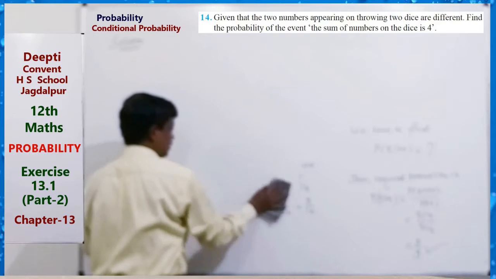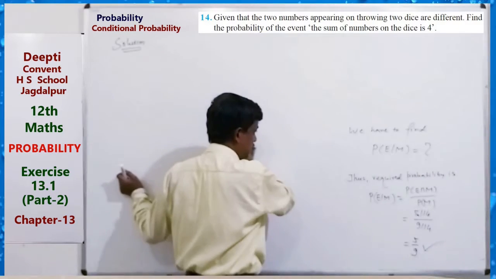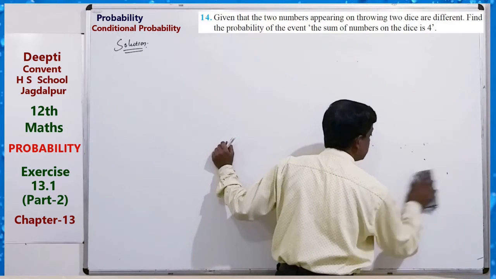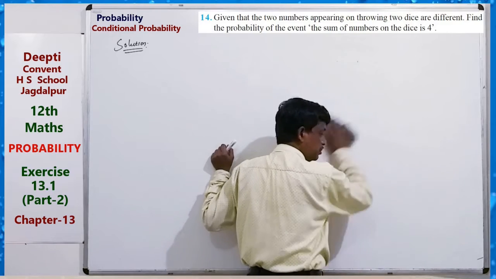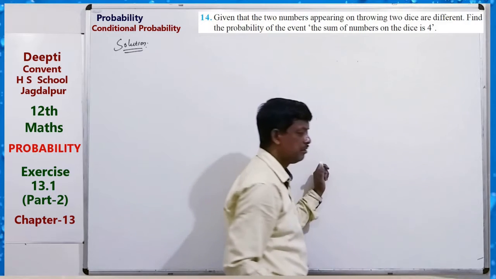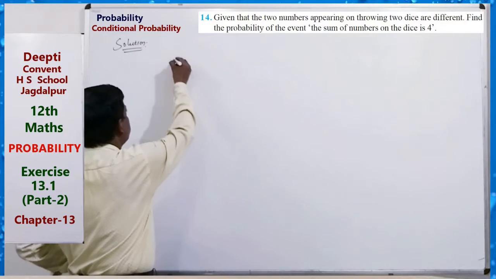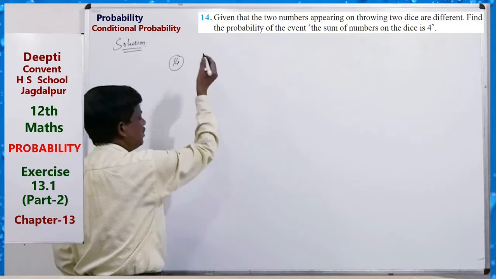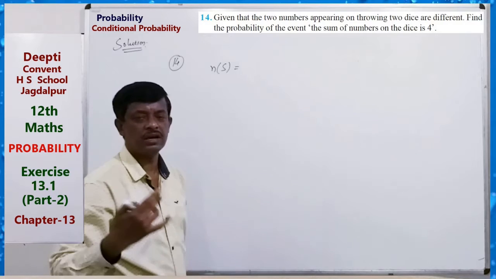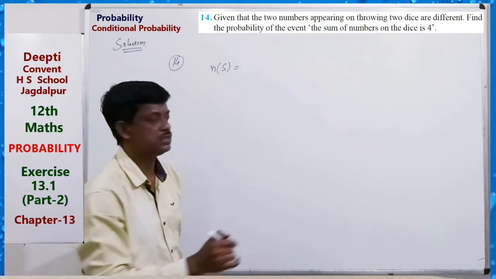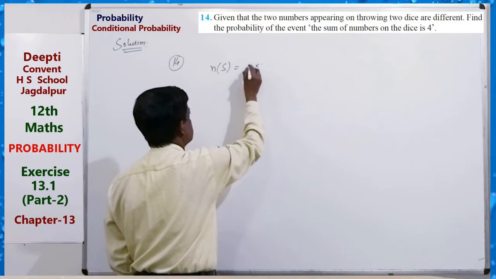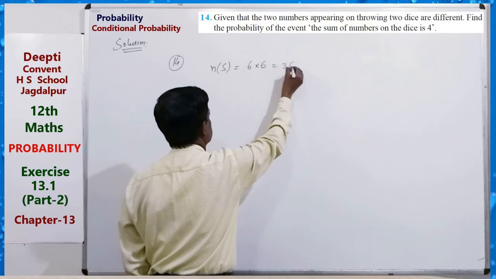Two dice are rolled, so there will be two numbers. The sum of that number should be 4, but given that the numbers are different. In a very short sample space, two dice are rolling, so 6 into 6 equals 36.